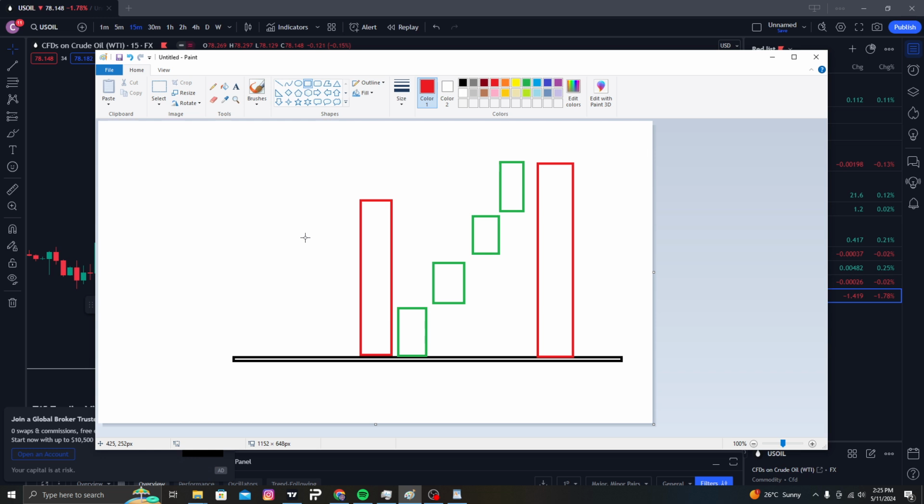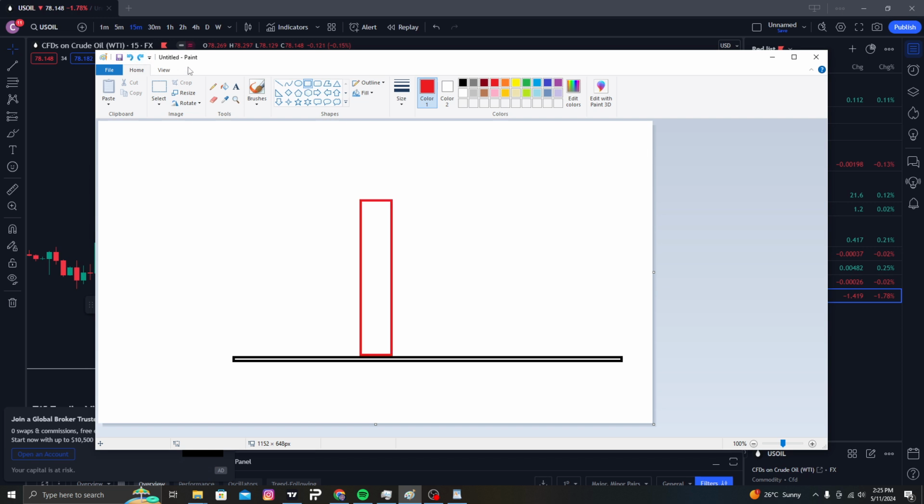So for me to say, okay, this is a proper rejection, this is what I'll see. After this candle, there will be another candle with the same momentum, the same size as the sell candle, something like this. That's my first confirmation: okay, price might be rejecting here.